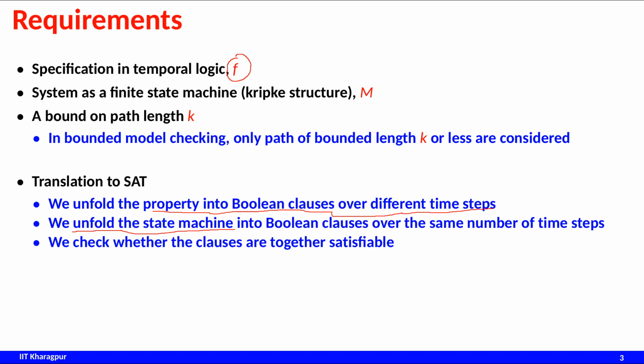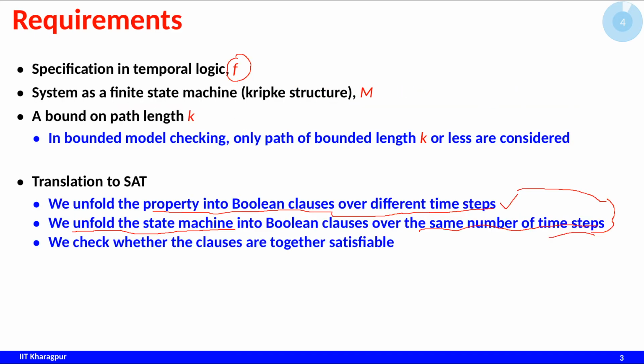We need to unfold that state machine over the same number of time steps that we have done for the temporal formula, and then we check whether the clauses are together satisfiable or not. We will get a set of clauses from these two things, and then we would like to verify that these clauses are satisfiable together.